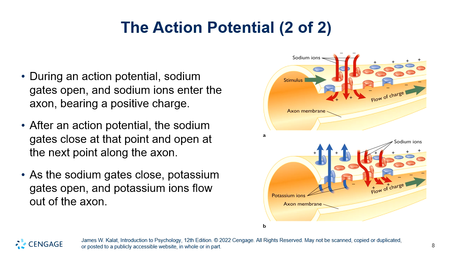Once that gate closes for the sodium, potassium gates open up, and that's when the potassium ions flow out of the axon. So I wanted to give you the more scientific terminology of that process, rather than talking about it simply as gossip, because I want you to make sure you're understanding that reading. However, if you do have a question, do not hesitate to ask.